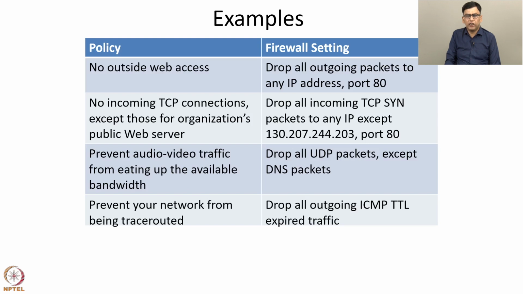But when the TTL expires at a router inside the network, that router will send a TTL expired message to the source host, which is the attacker in this case. But if the firewall drops all outgoing ICMP TTL expired traffic, then that will prevent the attacker from knowing the IP addresses of the hosts inside the network. So this firewall setting will prevent the network from being trace routed.